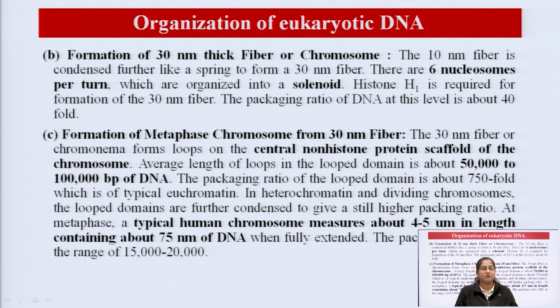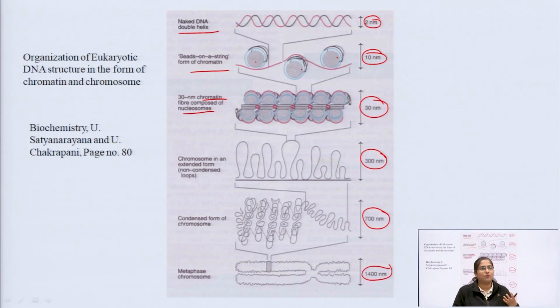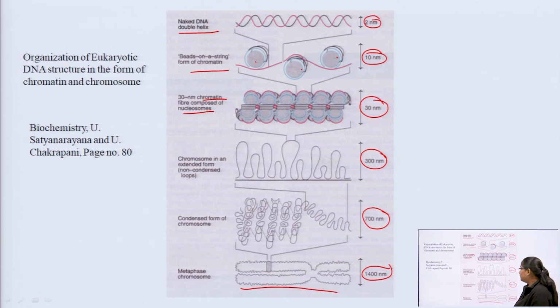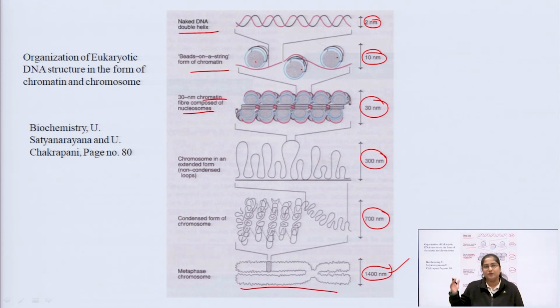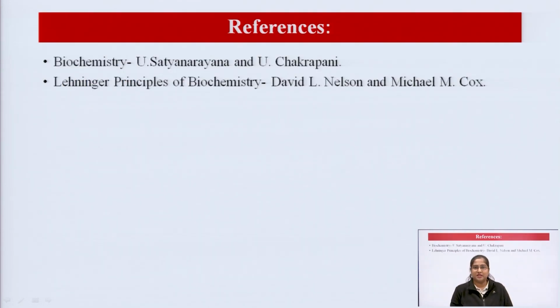We have studied the formation of 30 nanometer fibers, then 300 nanometer fibers. Likewise, we have seen the full structure, from the 2 nanometer DNA diameter up to the full formation of the metaphase chromosome of 1400 nanometer, how it looks and how it is happening. These are the references.